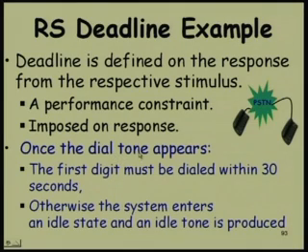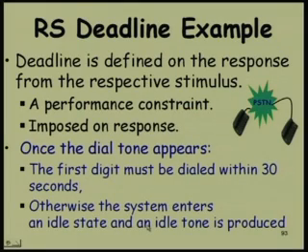See, the dial tone is produced by the system, is not it? So, this is the response produced, the event generated by the system, and then this is the constraint on the user who must dial the first digit within 30 seconds of the dial tone appearing. Otherwise, there will be a constraint violation and the system will take some action, because the user could not meet the constraint of dialing within 30 seconds, the system will generate an idle tone.